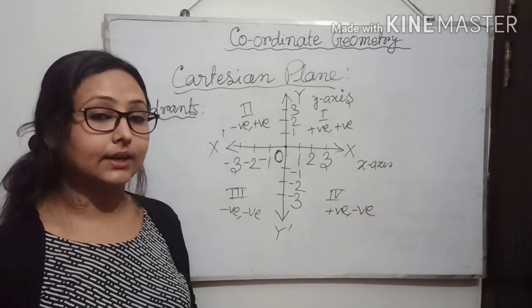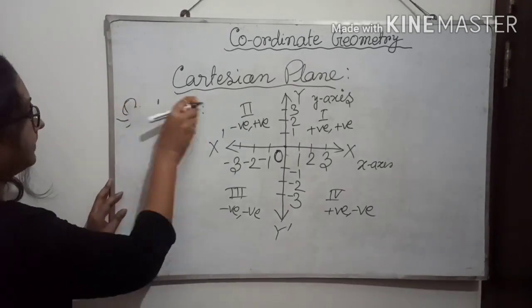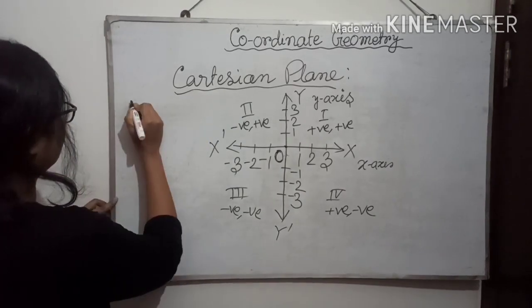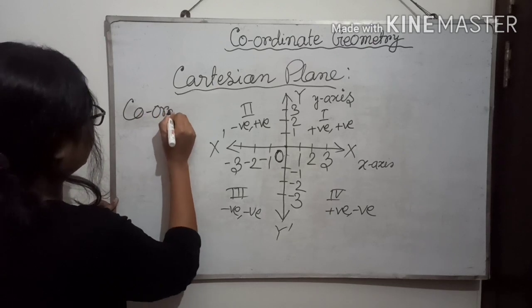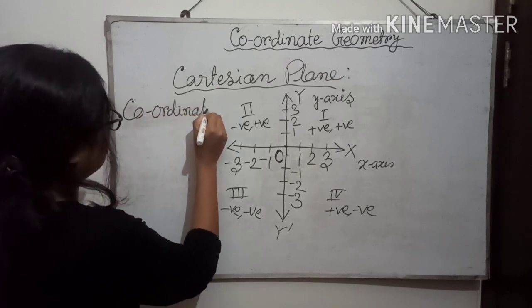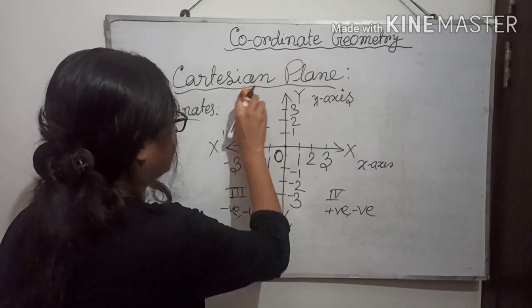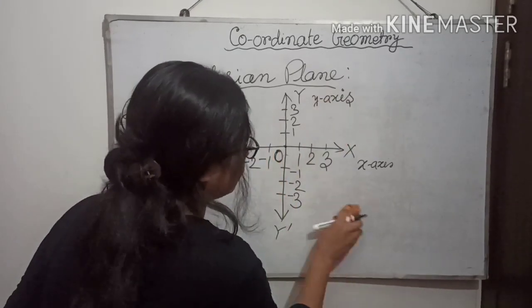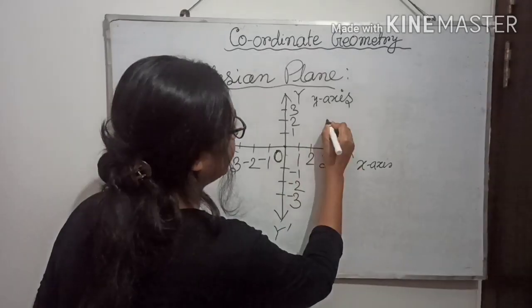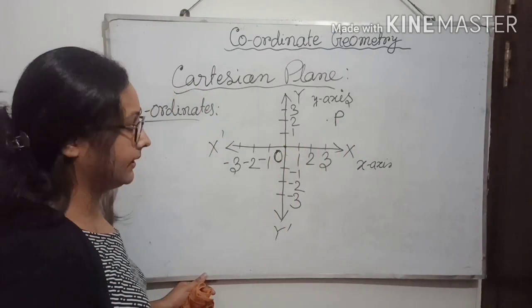Now we have to understand what coordinates are. So to understand coordinates, first we put a point P on the Cartesian plane.